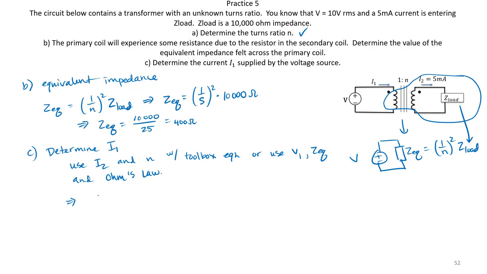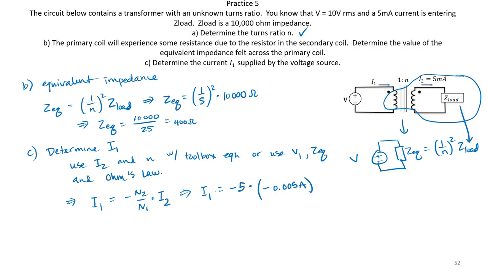We know from our toolbox that I1 must be equal to negative N2 over N1 times I2. So that means I1 must be negative 5 times, notice the signs here.